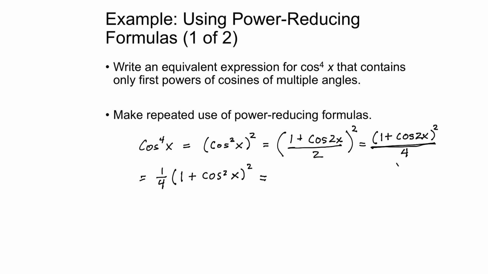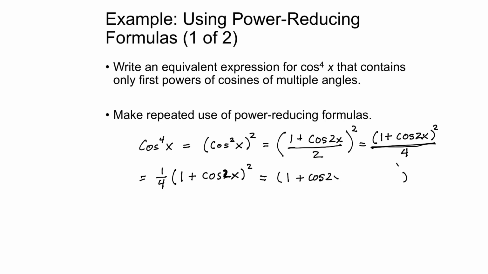Now let's go ahead and square this, which means we have to actually take the binomial and multiply it by itself. So 1 plus cosine 2x, squared. Oops, I wrote that 2 a little too small there. It looked like a squared. So let's fix that.